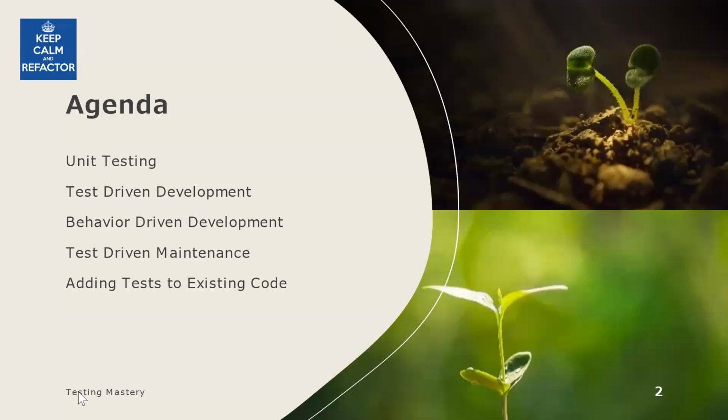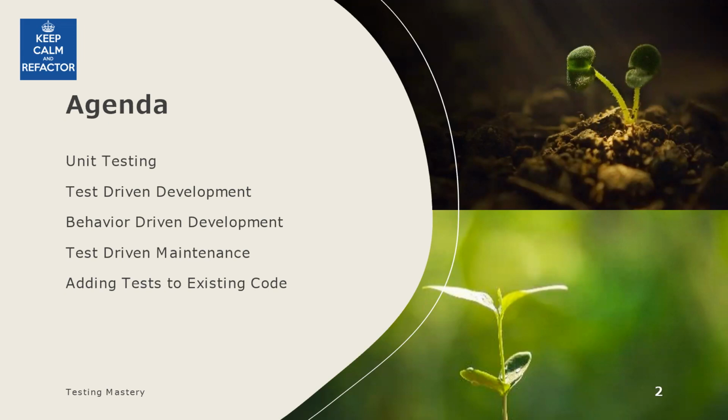So we're going to be talking about all kinds of different approaches to testing. Unit testing, where we write a small test. Some people consider that test after development. The program already exists. You need to write some unit tests to exercise it and make sure that it does what you say it does. And there's, of course, test-driven development, where you're writing the test and then writing the program from the test.